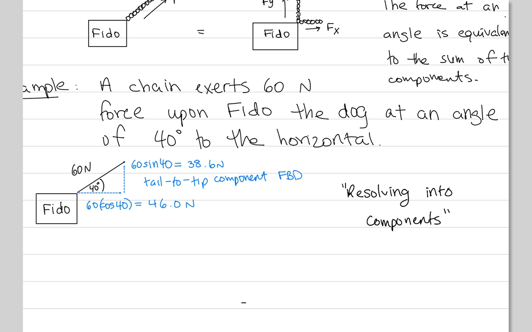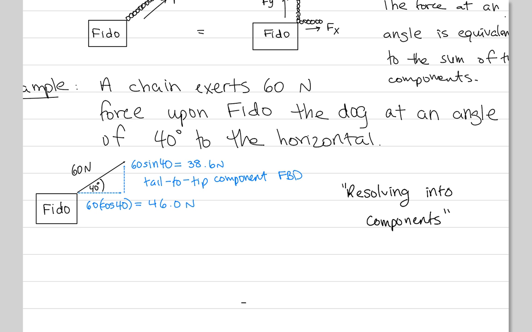So for example, if it says, Mr. Lineweber is pulling the dog at 60 newtons, 40 degrees to the horizontal, at a constant velocity, what's the force of friction? If you wanted to answer that question, which component would you use?